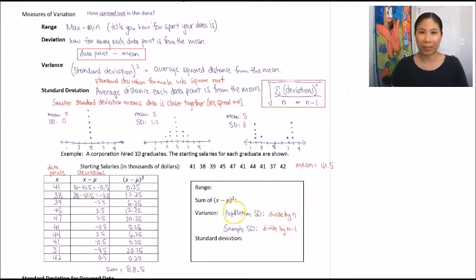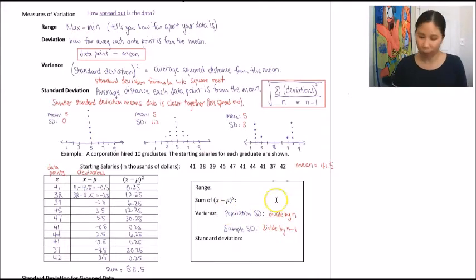If your data set comes from a sample, then you divide by n minus 1. Remember, a population is everyone you're trying to study, but a sample is just a small subset of the population. So that's why the formula is different by a little bit. Remember, n stands for how many total data points there are.